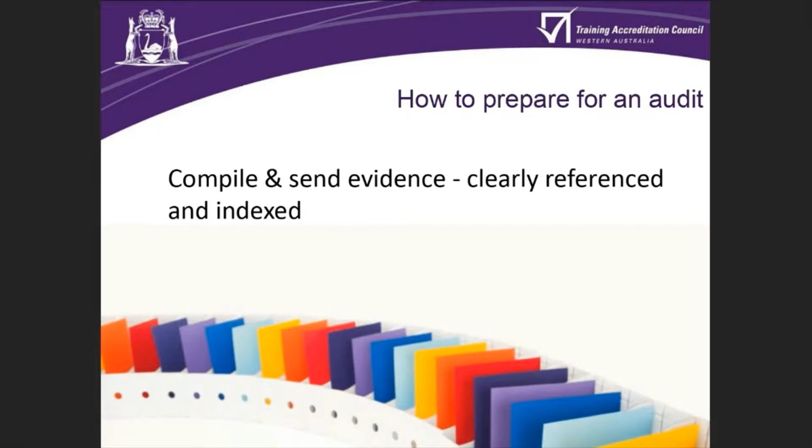Also, it means they can cut and paste that list and they don't have to two-finger type like I do to reproduce the list of evidence that you have provided. It's just a way of helping the auditor, but it's also a very good way for you to double check that you've got everything you need before the audit process starts. So it's a really, really good idea.